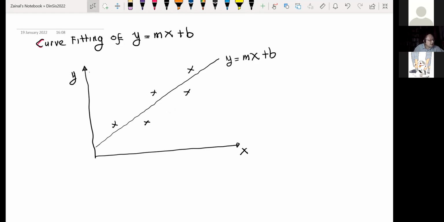We call this one x1, y1, data 1. And let's assume this one is data i, so xi, and the height of this one is yi.